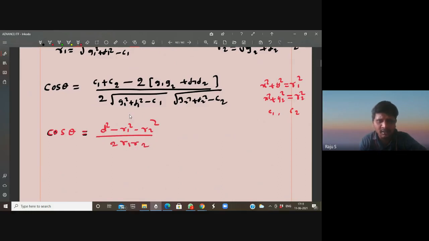Here this is R1, this is R2, and D is the distance between the two centers, D equal to C1 C2. Simply remember it like this, it is enough.